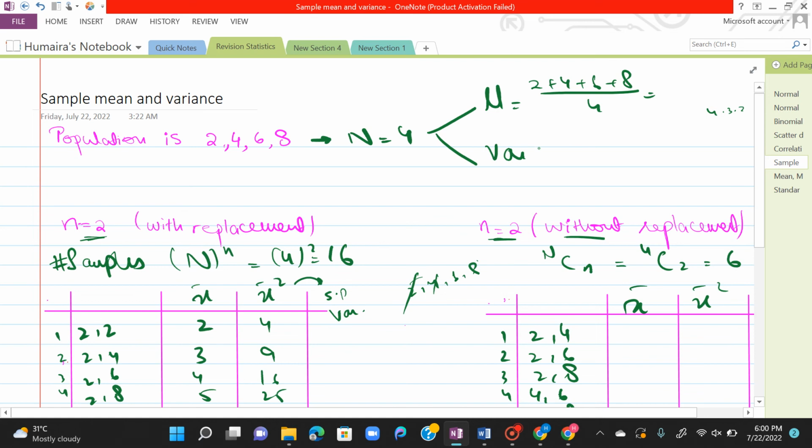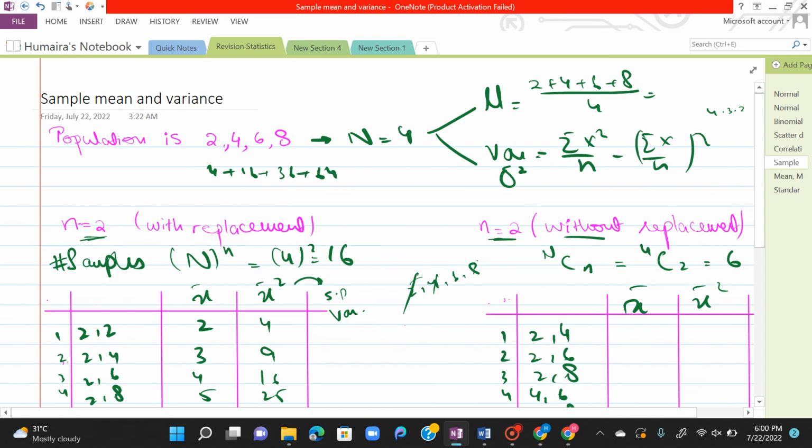And the population variance, which I am representing as sigma square, which is basically the formula: summation x square upon N minus summation x upon N, whole square. So I will plug in these values. How can I find summation x square? By squaring: 2 square is 4, plus 16, plus 36, plus 64, right?